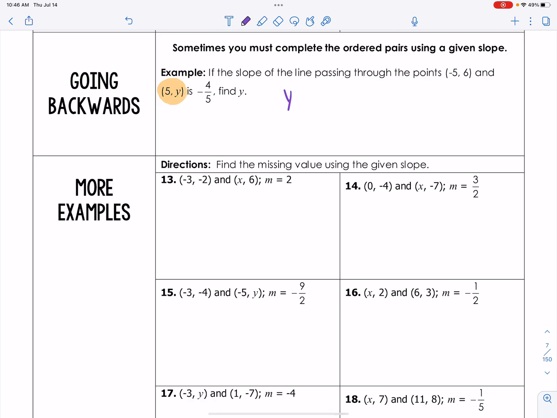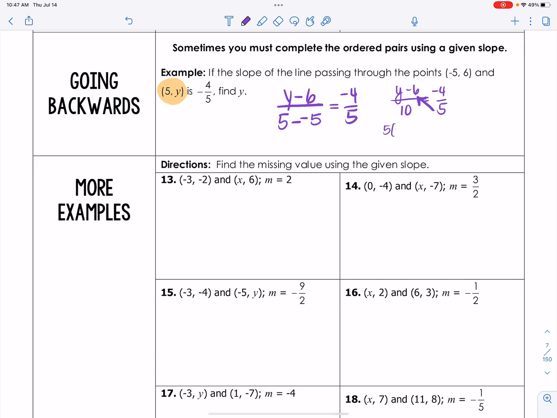So wouldn't I do y minus my y value is 6 over 5 minus negative 5, and I know that equals negative 4/5. Okay, so isn't this y minus 6 over 10 equals negative 4/5? So couldn't I cross multiply, right?